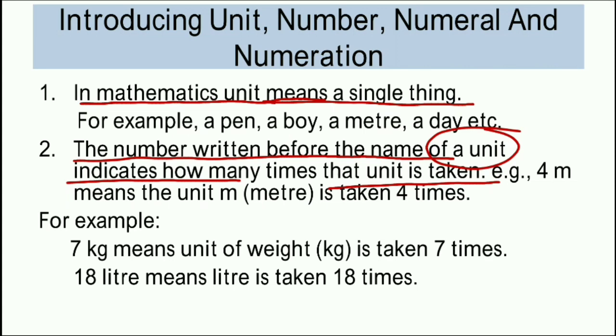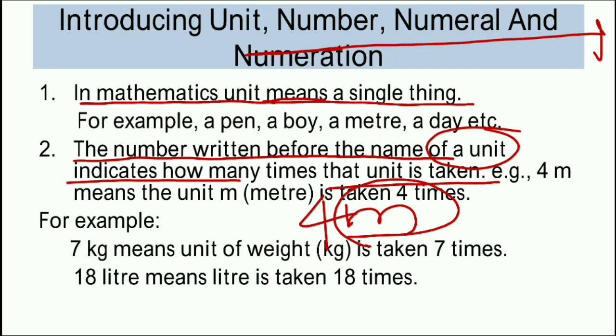Suppose that we measure the cloth and it is 4 meters. 4 meters means what? The unit is meter, meaning a particular length has been assumed as a meter. Suppose that this much length is 1 meter.